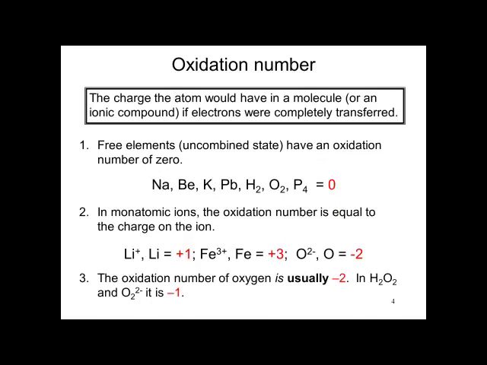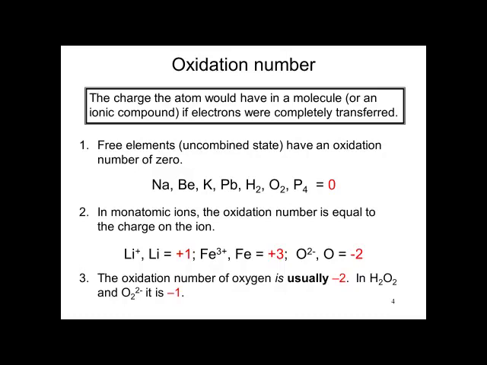Let's review oxidation numbers. The definition is the charge an atom would have in a molecule or in an ionic compound if the electrons were completely transferred. First, free elements have an oxidation number of 0. In a monatomic ion, the oxidation number is equal to the charge on the ion.